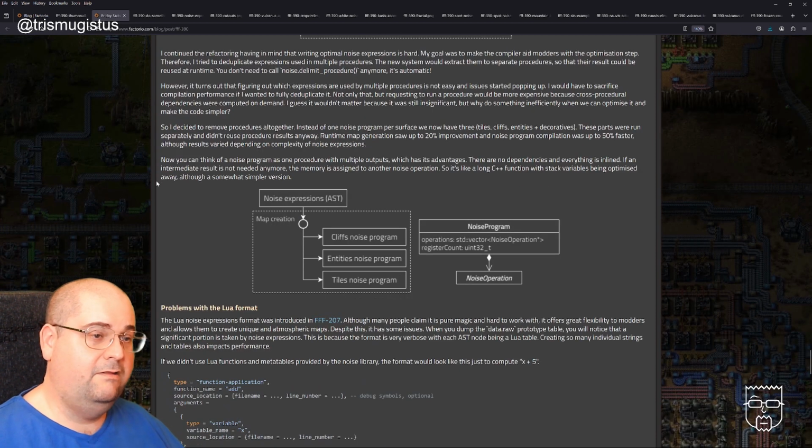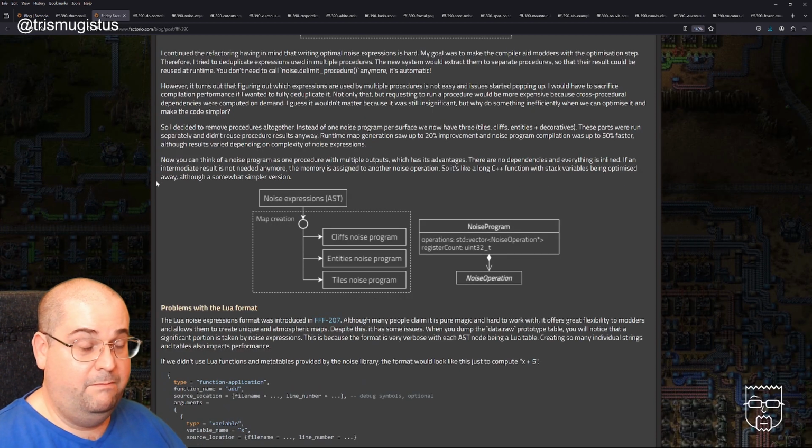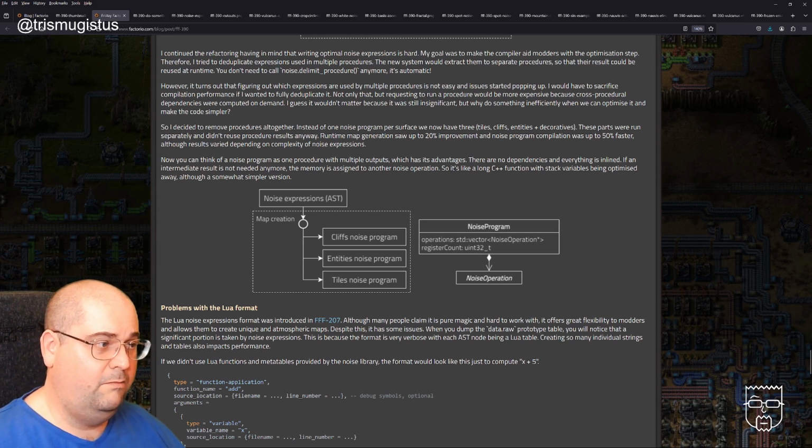However, it turns out that figuring out which expressions are used by multiple procedures is not easy, and issues started popping up. I would have to sacrifice compilation performance if I wanted to fully deduplicate it. Not only that, but requesting to run a procedure would be more expensive because cross-procedural dependencies were computed on demand. I guessed it wouldn't matter because it was still insignificant, but why do something inefficiently when we can optimize it and make the code simpler?